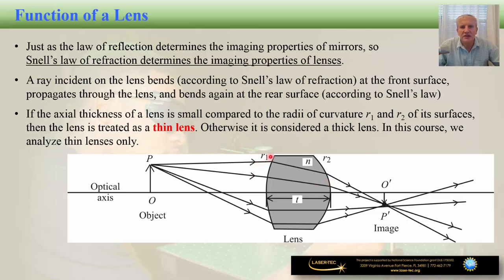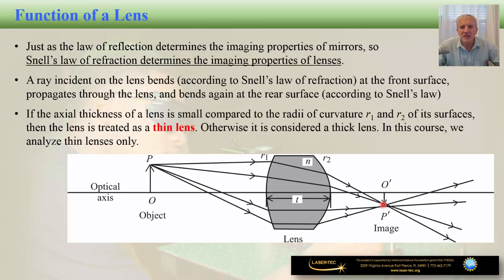So first, the ray incident on the front surface of the lens is going to be passed into the lens, it's going to propagate through the lens, and obviously the refraction is going to take place here. As you can see, each of these different incident light rays changes its direction, and then the light rays that are propagating through the lens will be hitting the back surface of the lens and then passing back into the air, and then also going to be refracted, meaning they are going to change direction.